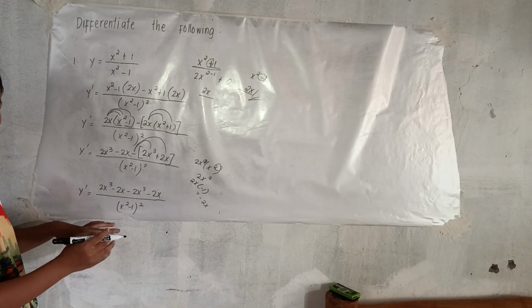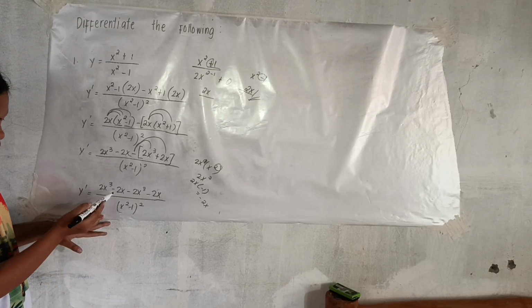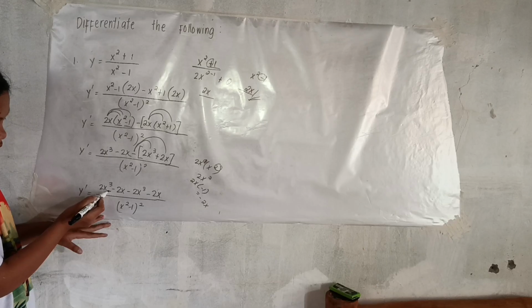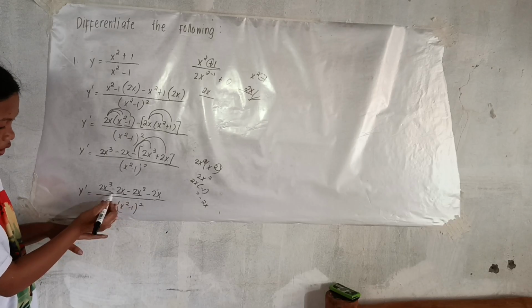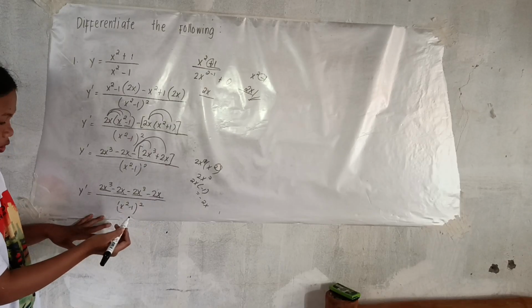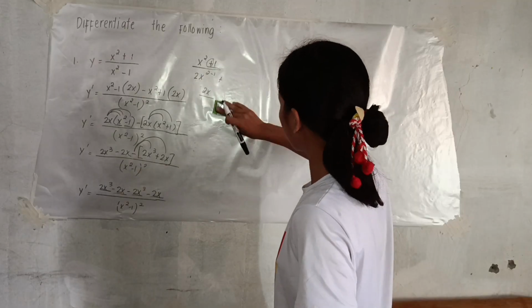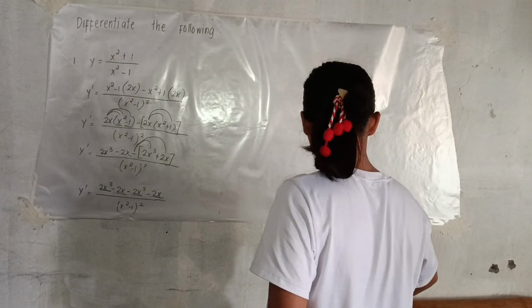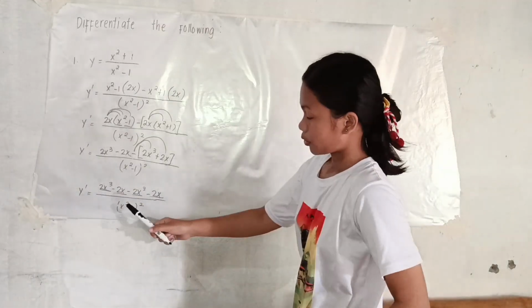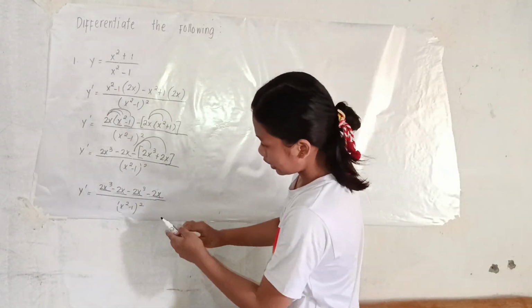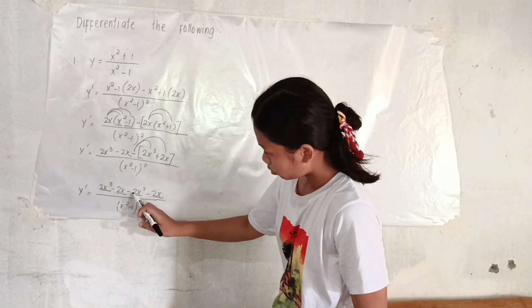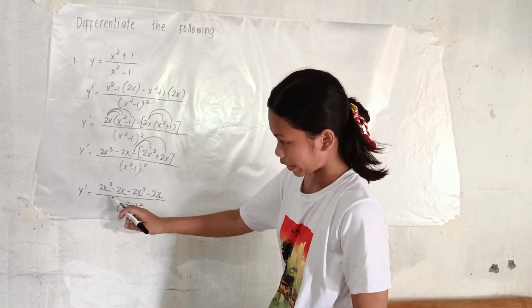So, para ma-simplify siya, as you can see, naa tay mga like terms. So, ato ni sila i-add or i-minus. So, ari si 2x cubed ug si negative 2x cubed, pareha.